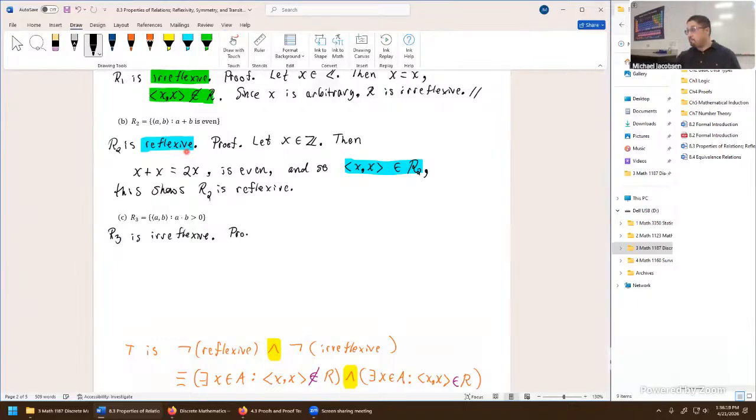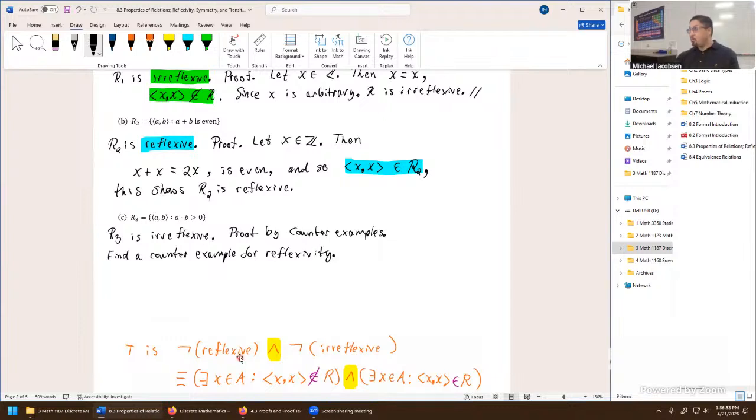So let's give our proof by counterexamples. Part one, we're verifying that we're not reflexive, so the negation of this. So let's say what we're doing here. We'll find a counterexample for reflexivity.